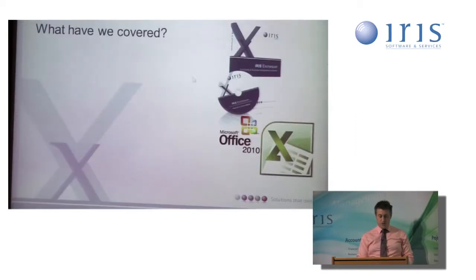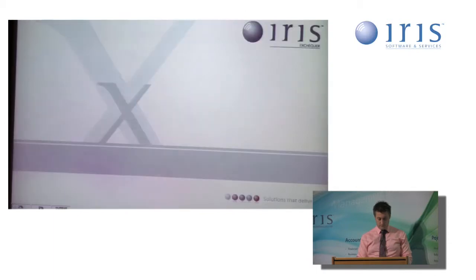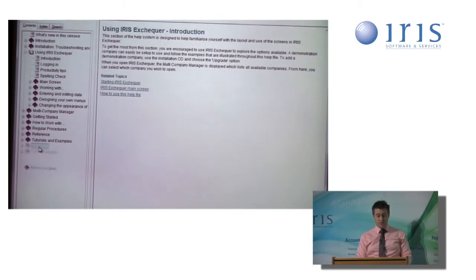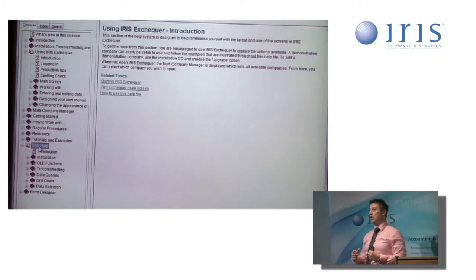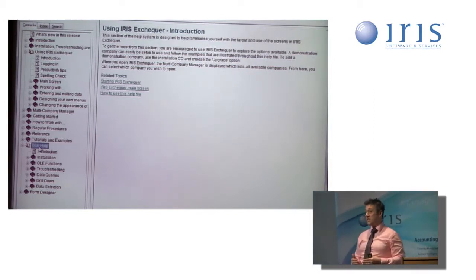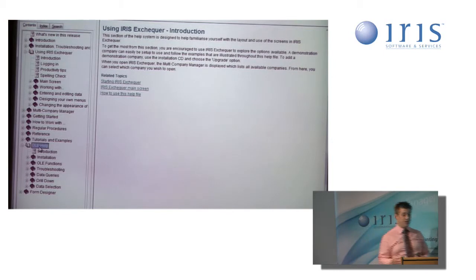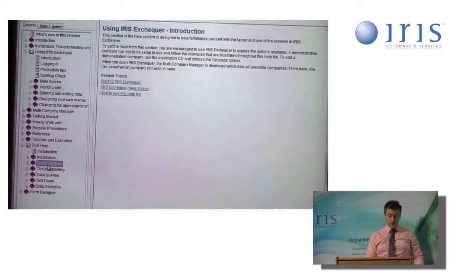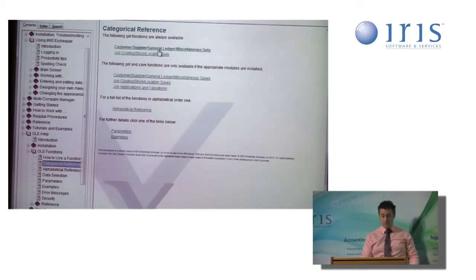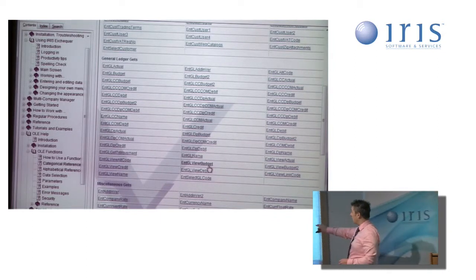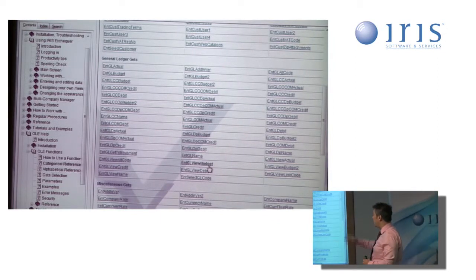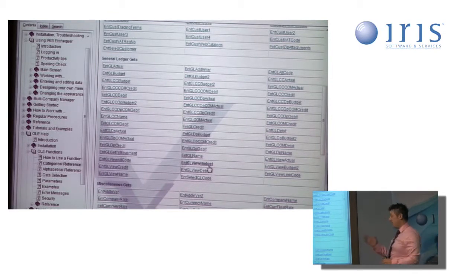Since we've introduced the GL views that are available in Exchequer, where you can create a view that will show you unposted general ledger information as well as posted information, we've extended those views further into the OLE functions, and we've got a series of functions there: enter GL view actual, enter GL view budget, and so on.